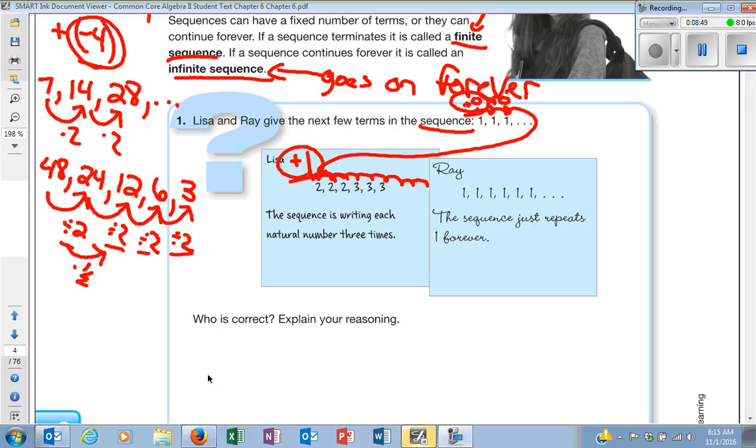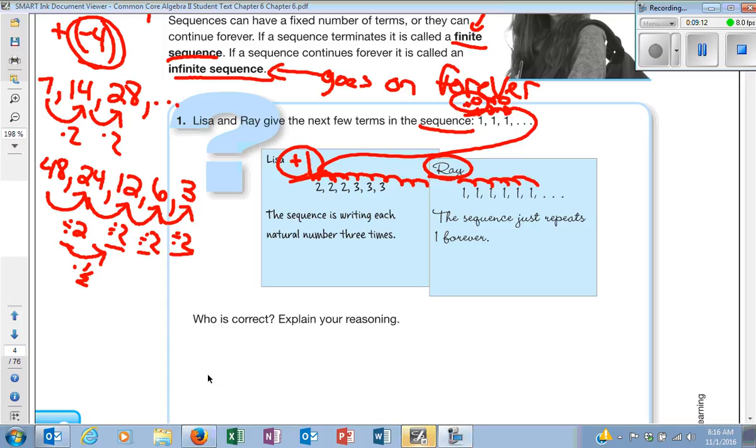What am I adding in Ray's? 0, 0, 0. Adding 0, 0, 0, 0, 0. Does his common difference ever change? No. So which one actually has created a sequence? Ray. Has Lisa created a pattern? Yes. Do I know what's going to come next? Yes. Is it a sequence?